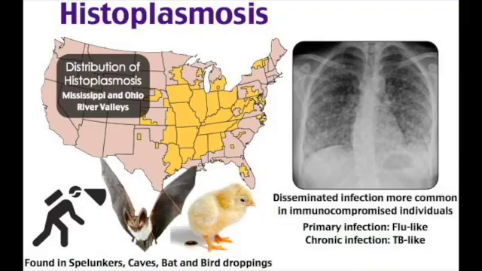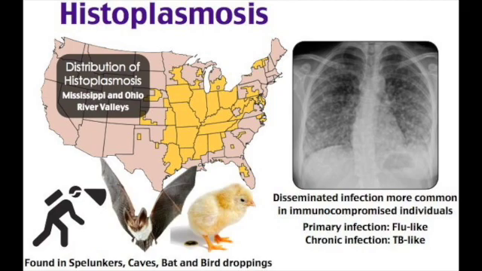So histoplasmosis. Histoplasma capsulatum is a dimorphic oval yeast, not encapsulated despite its name. Histoplasmosis is transmitted due to inhalation of soil containing bird or bat droppings in the Mississippi and Ohio River valleys. It's also seen with demolition, people who explore caves, who are called spelunkers, or excavators in those areas.